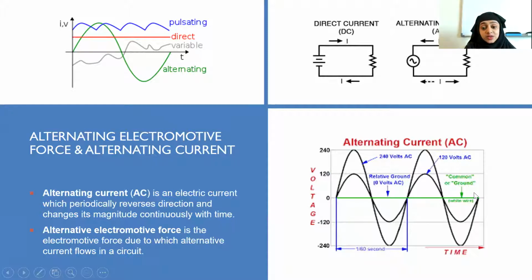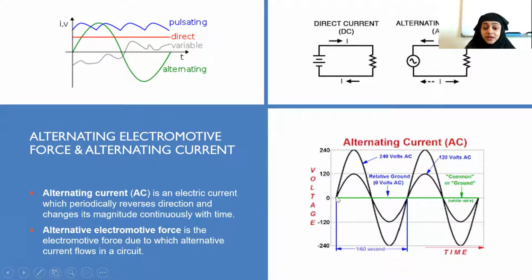Like that, it continues. So this is an AC voltage or alternating EMF, and it has a continuously changing magnitude and it reverses its direction periodically.